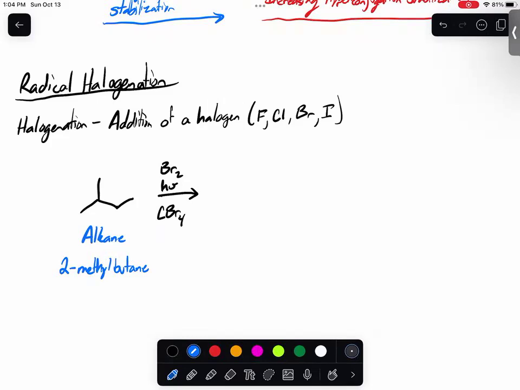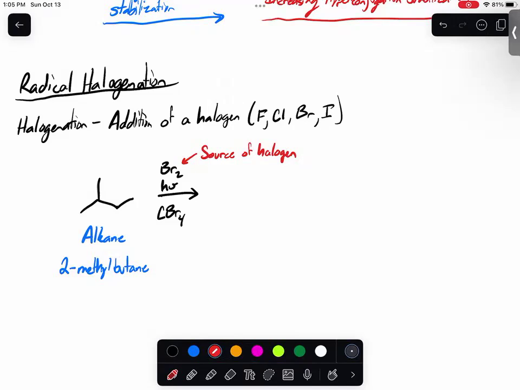The second reagent that we have is our source of the halogen, and this is always going to be the diatomic elemental halogen. And so in this case, it's Br2. But if we wanted to add chlorine, we would be using Cl2, fluorine, F2, iodine, I2. Okay?